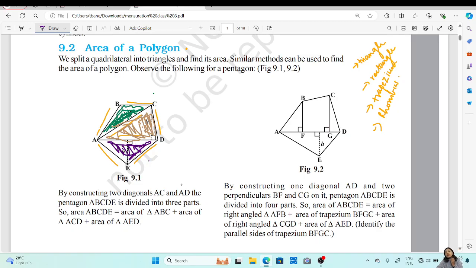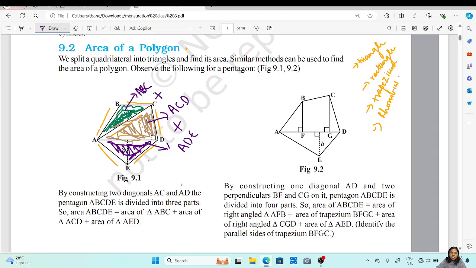So the area of this pentagon is basically the area of these three triangles, that is ABC, ACD and ADE. After adding all of these triangles, we get the area of this pentagon.